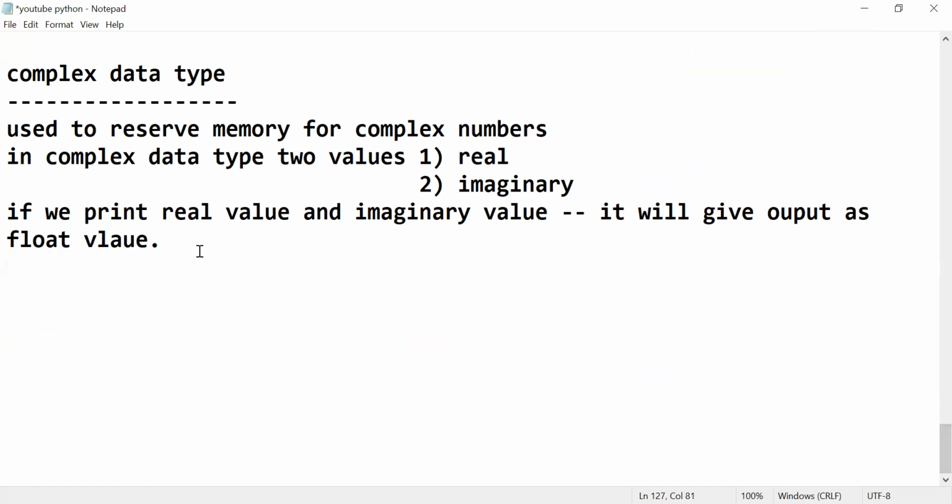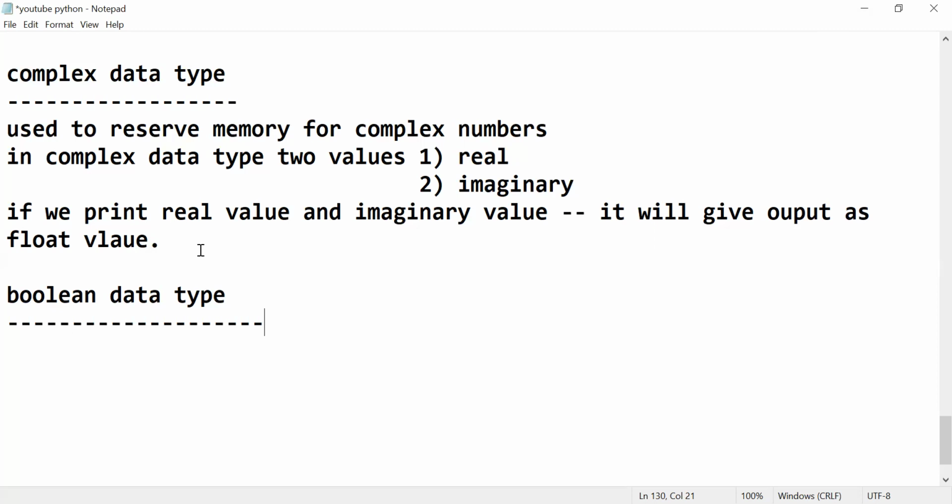Now, let's dive into the Boolean data type, guys. Now I will explain what the Boolean data type is. See, guys, the Boolean data type is very simple.